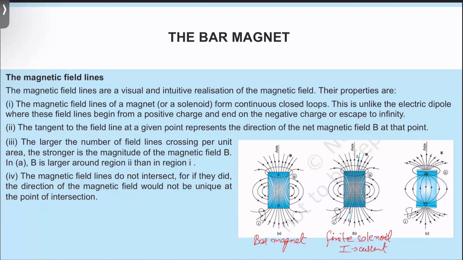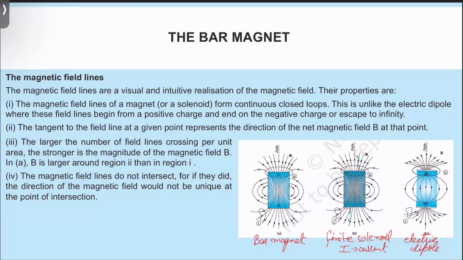And C is your electric dipole. This way we can understand the similarities and dissimilarities. So how do we understand the magnetic fields that are passing through each of these?